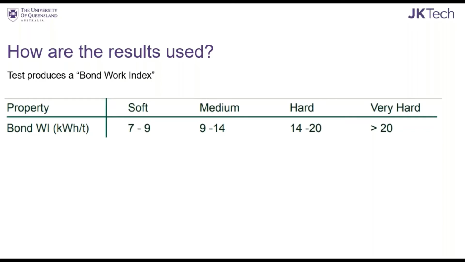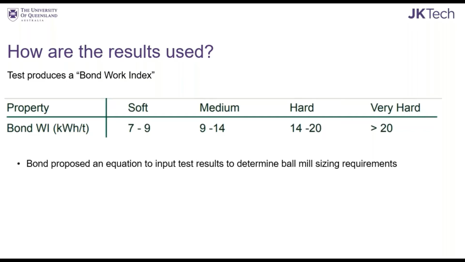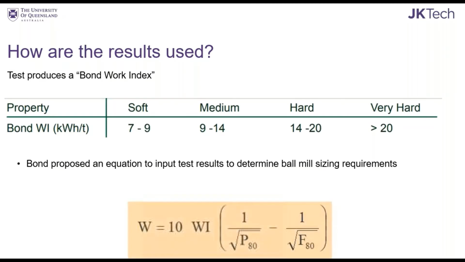But going further, we can use it together with Bond's equation to determine the actual specific energy required to grind this ore from a particular F80 to a particular P80, using the following Bond equation. So the lab result just goes into there, the work index.